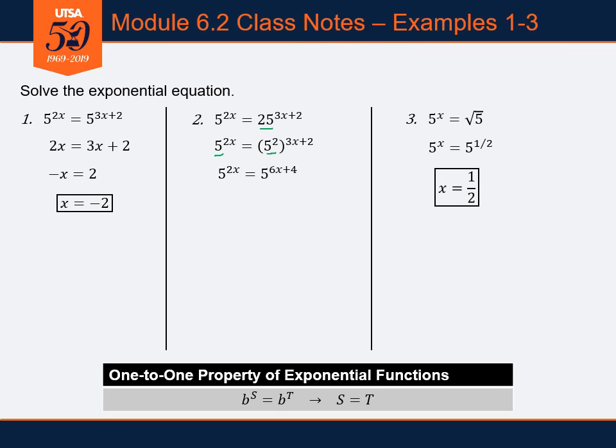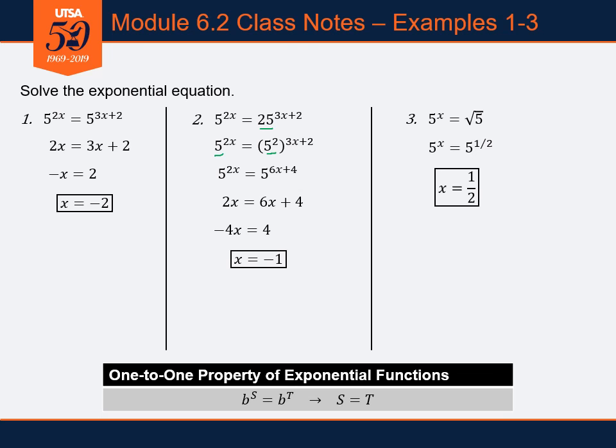Now both sides of that equation are powers of 5. Same base. So if they have the same base, then the powers must be equal. And I can say 2x has to be equal to 6x plus 4. And then I can subtract 6x on both sides, and then divide by -4. And we get x equals -1.